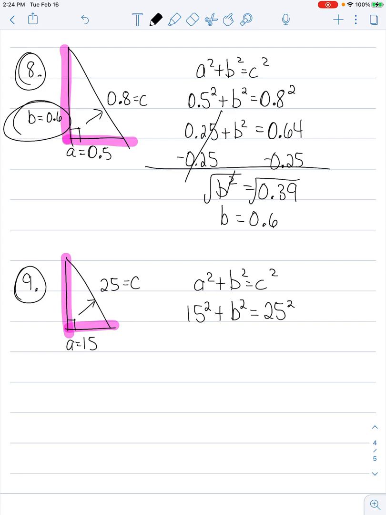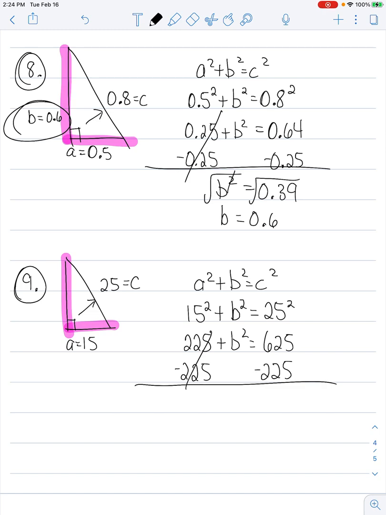So remember, the difference here is we're going to subtract in just a minute. So 15 times 15, I think is 225, but I'm going to double check. 15 times 15, yep. Plus b squared equals 25 times 25 is 625. This is the subtraction part. Now I'm going to subtract 225 from both sides, because I'm solving for b.